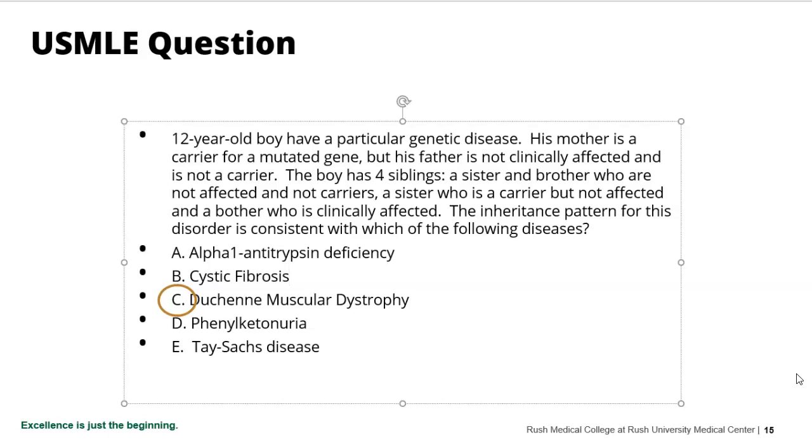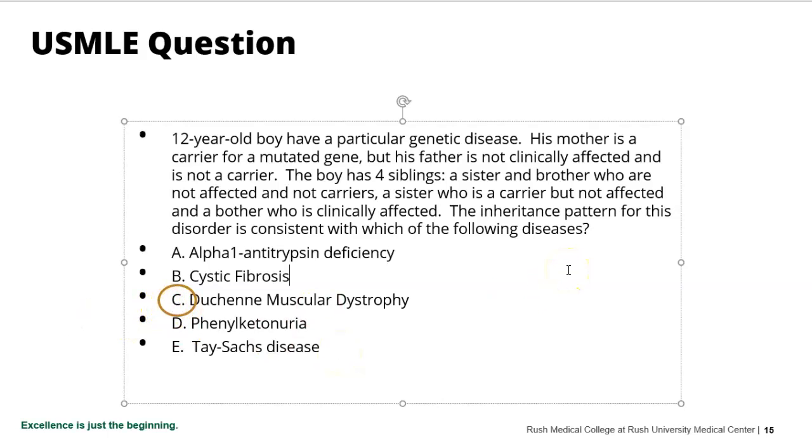So the mom is a carrier for something, and this looks like an X-linked disorder, because they're saying mom's a carrier, dad's not affected, he has a brother that's affected. So this is autosomal recessive, this is autosomal recessive, this is autosomal recessive, this is autosomal recessive, this is X-linked.